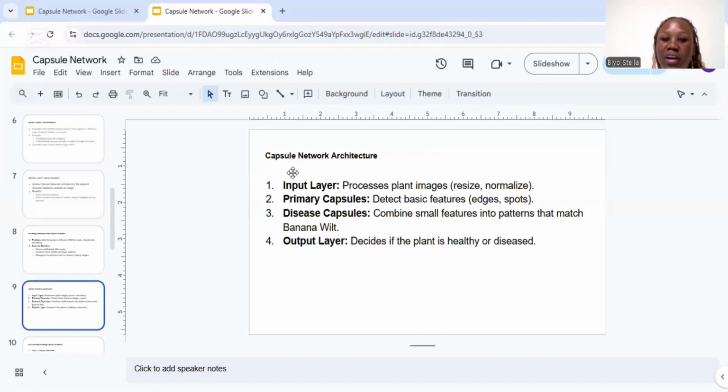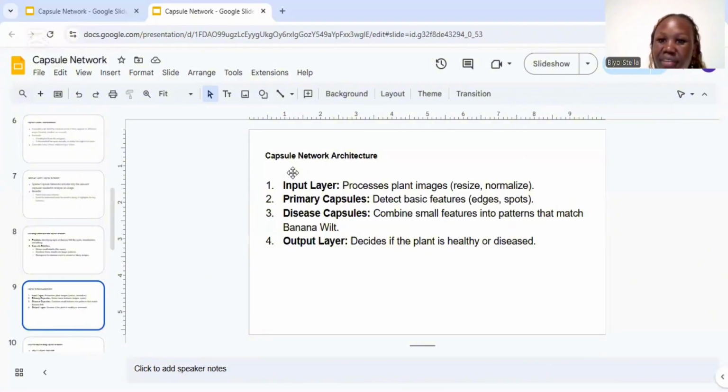Then the capsule network also has its architecture. The input layer prepares the plant image for analysis: it processes plant images, resizes, normalizes. Then the second is the primary capsules.